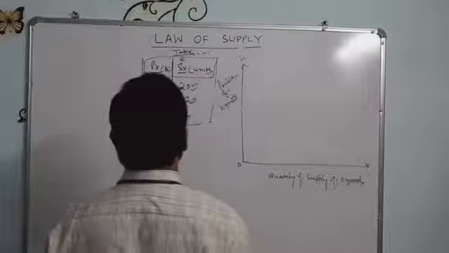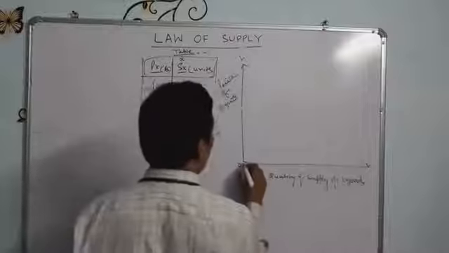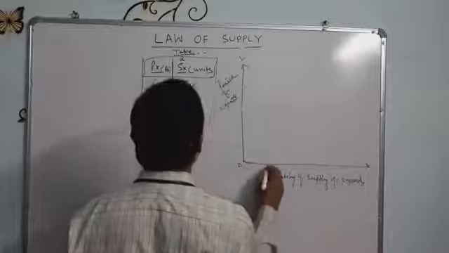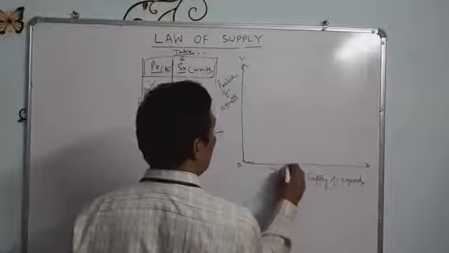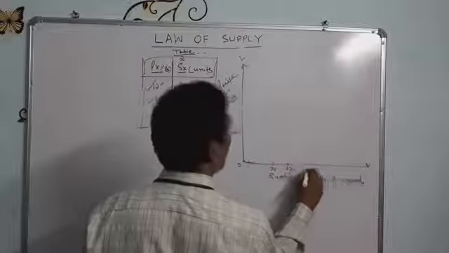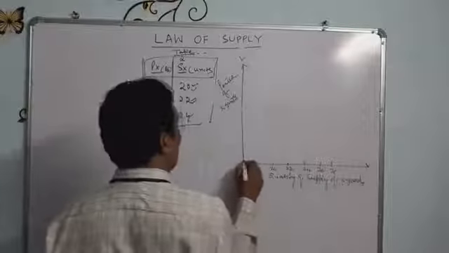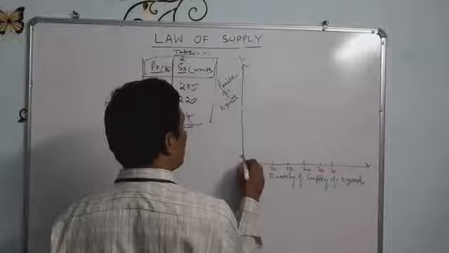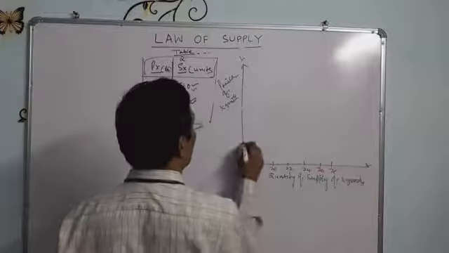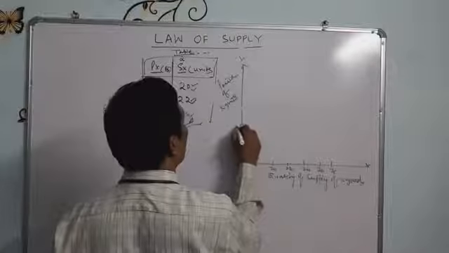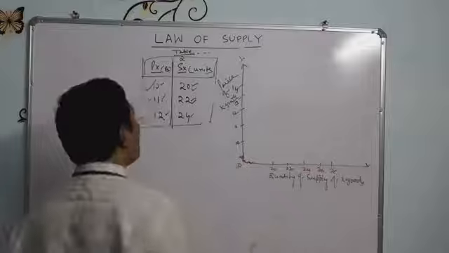Suppose the quantities are 20, 22, 24, 26, 28 like this, and the prices are 10, 11, 12, 13, 14.